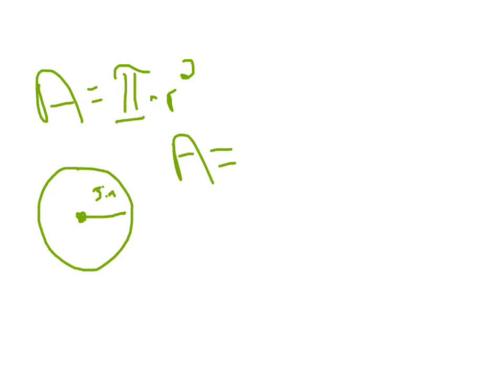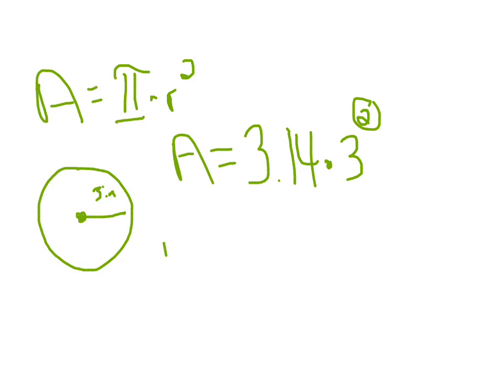We're going to chop it down and just say 3.14 times our r, which is 3 squared. Remember, this squared means it wants you to times it by itself twice. Not by the number 2, but by itself twice.